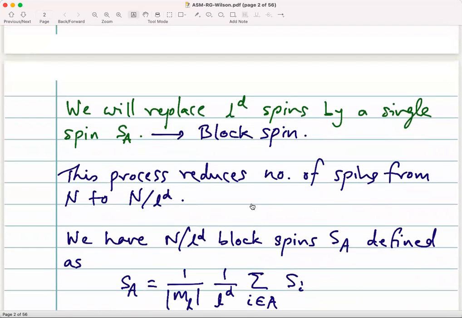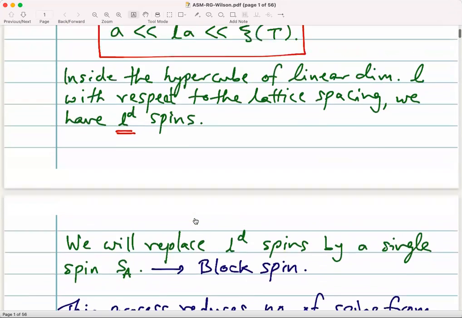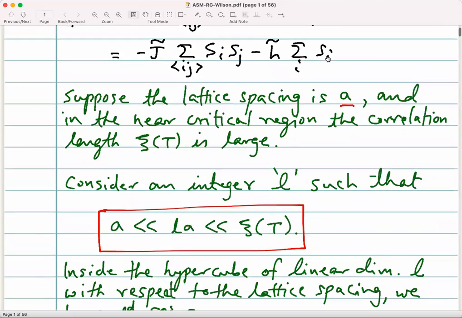Fine. Now the block spins that we will write down, which are n by L to the D in number, are defined in the following way. You define S_A. Remember the original spins were defined as S_i for every lattice site i.